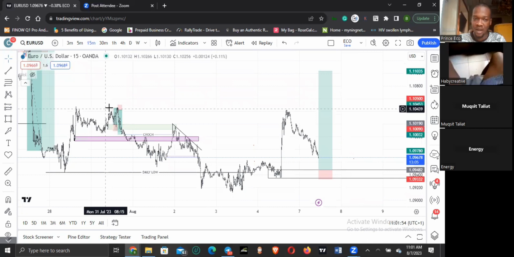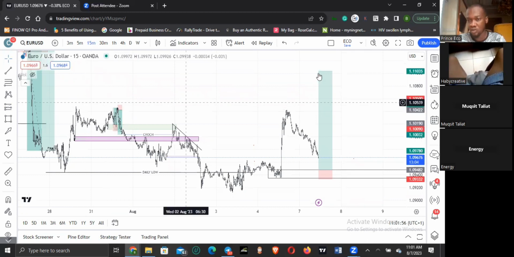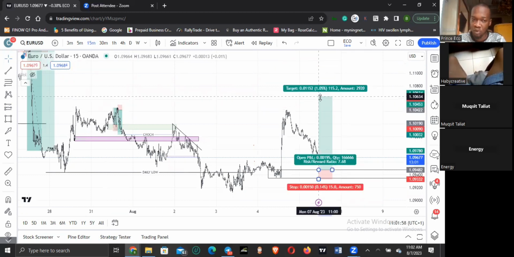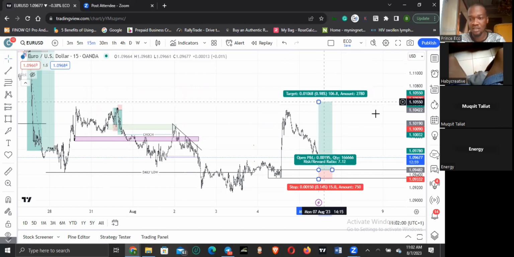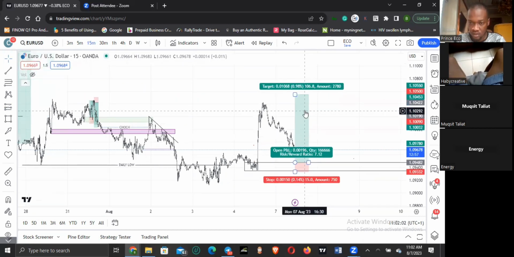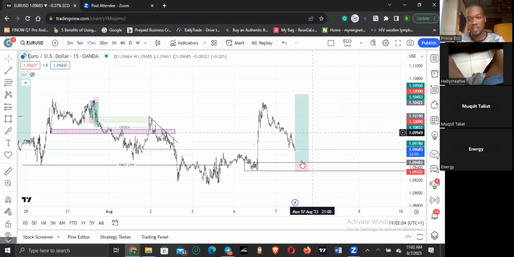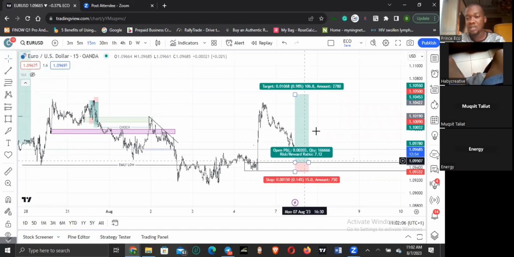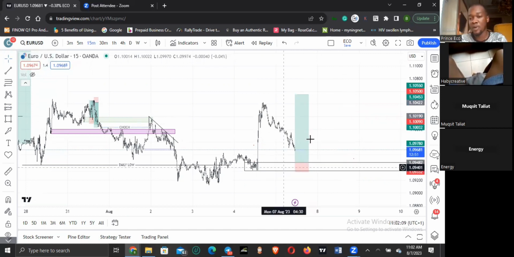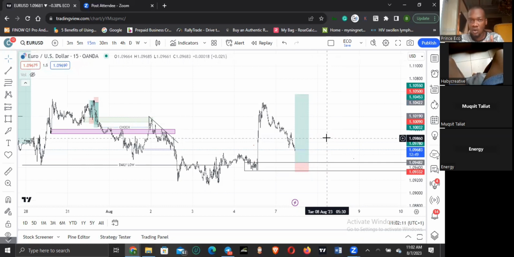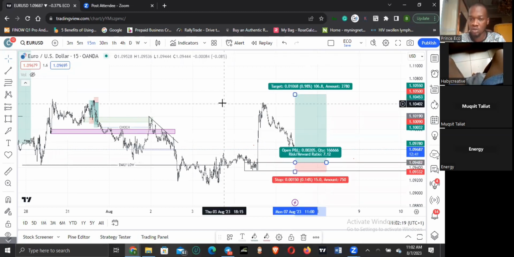So since I'm expecting the market to sweep out this liquidity, let's not get too greedy at this point. This is 1:7. If the market should tap into this place, take partials at 1:3 or 1:2. I like 1:2, I just want to make two times my stop loss.